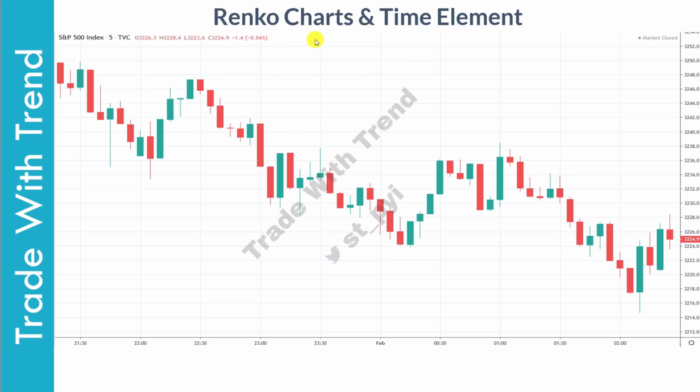And this is mainly because Renko charts traditionally are plotted over tick data, and that is where they are so accurate. But in TradingView platform, they have explained, and I think this applies to even investing.com and some other platforms out there, that they do take into consideration time element as well. This is something I will explain towards the end of the video, as to how Renko charts are plotted on TradingView.com and some of the other platforms.